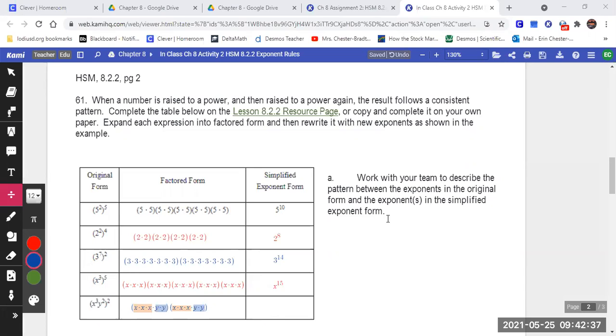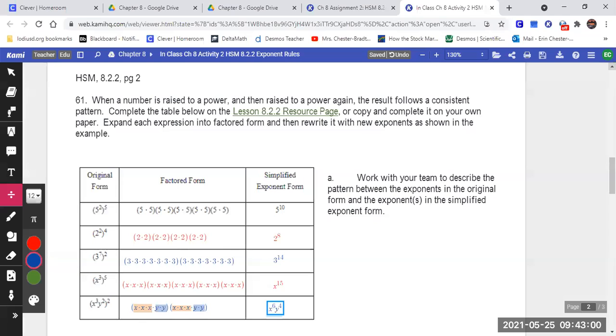Yes, because I see 3 orange X's and 4 blue Y's. So X to the 6, that's not an X, that's a Y. X to the 6, Y to the 4. Okay, so we got our table finished.